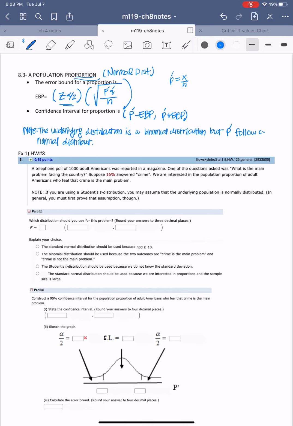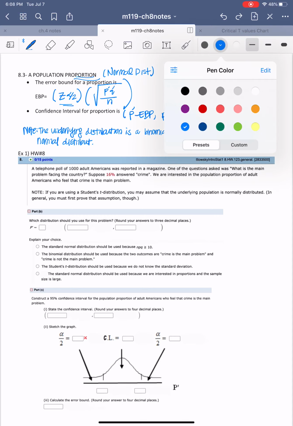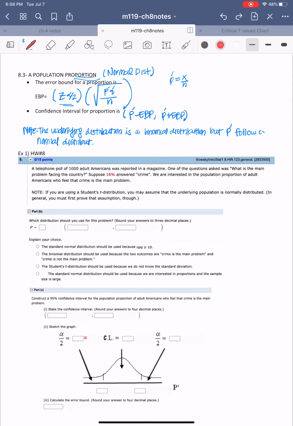Okay. So a little bit of a connection. Binomial. The way we wrote it was np, right? That was your mean value, and then standard deviation was npq, right?